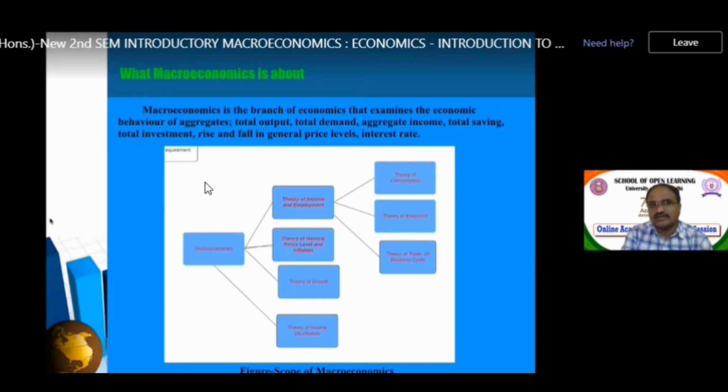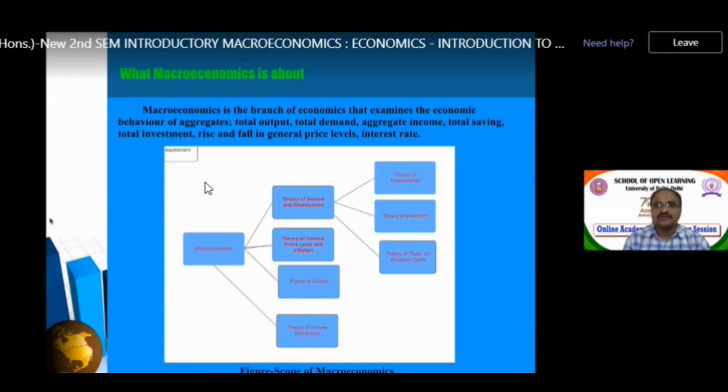What is macroeconomics? Macroeconomics is a branch of economics. It examines the economic behavior of the aggregates, that means the behavior of the economy as a whole. Aggregate means the sum of all the total income, total output, total demand, total saving, total investment, rise and fall in the general price level, interest rate, and so on.